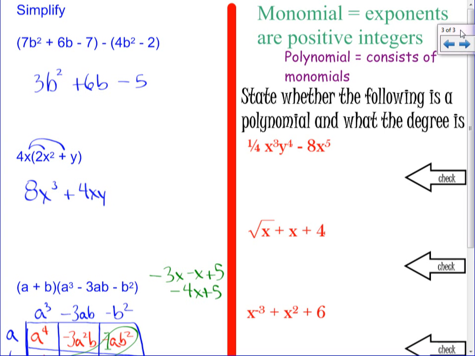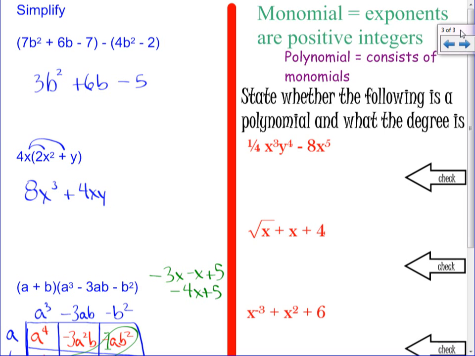So is this first one a polynomial? How come? Okay, what has to be non-fraction? So read at the top here. Exponents are positive integers. Are exponents positive integers? Oh, it's negative 8.